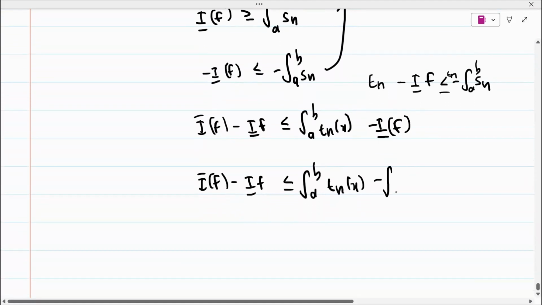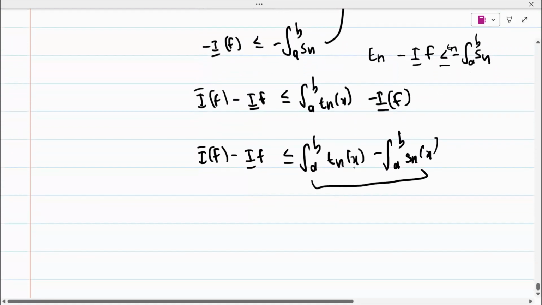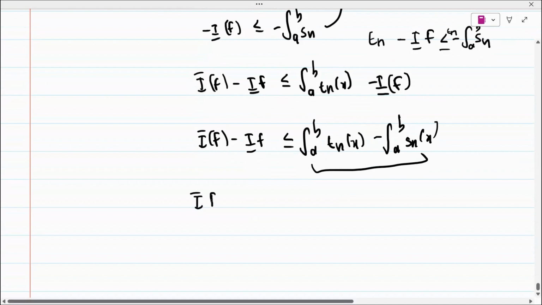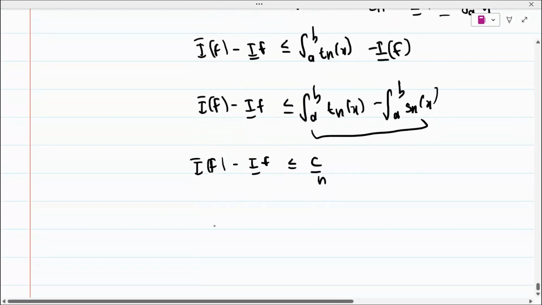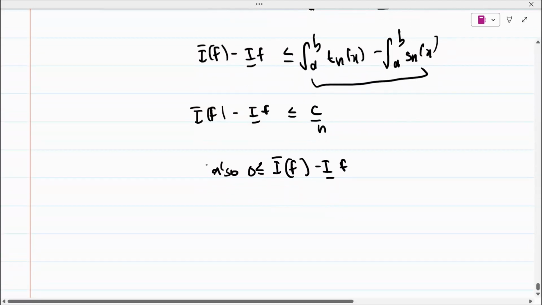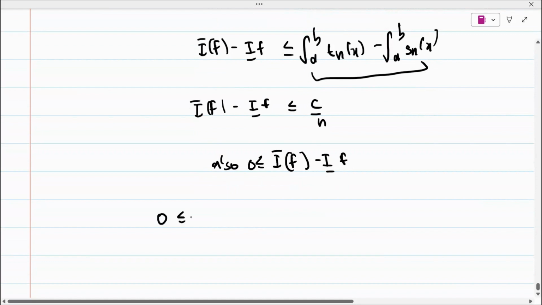Then, we know the value of this, c by n, and we also know by the area property of the axiom that it should be greater than or equal to 0. So 0 is less than or equal to that; if that is 0 here, you understand that.